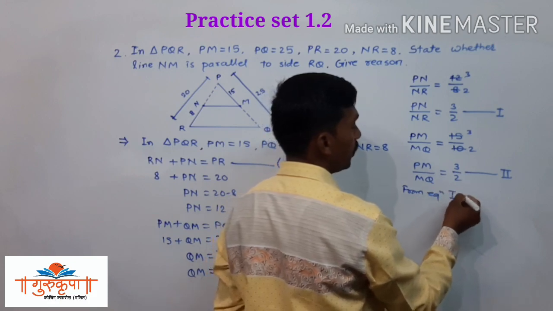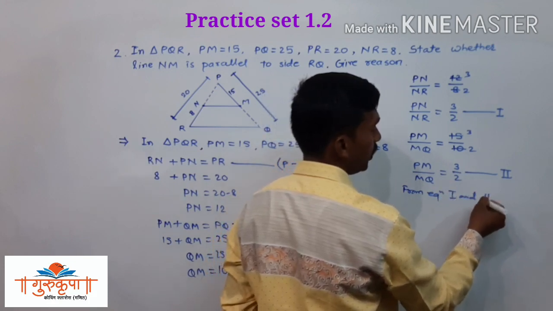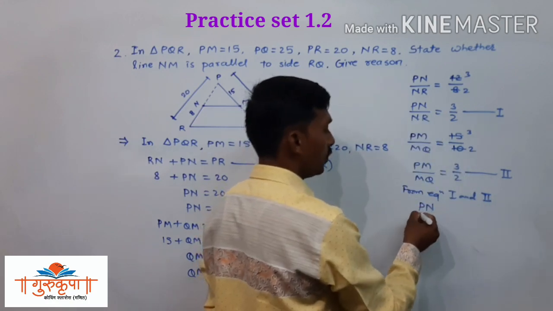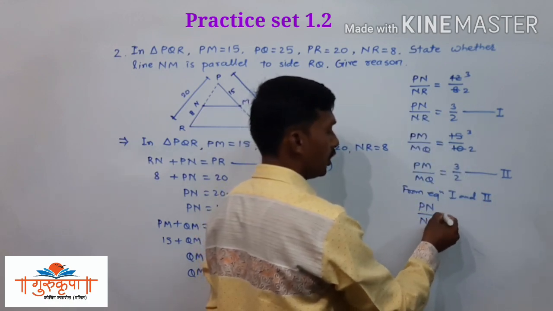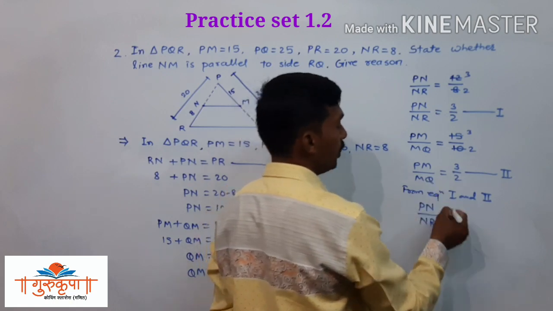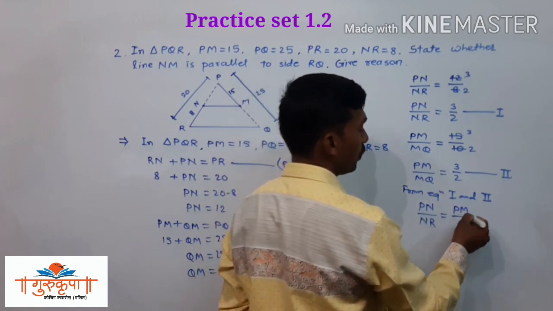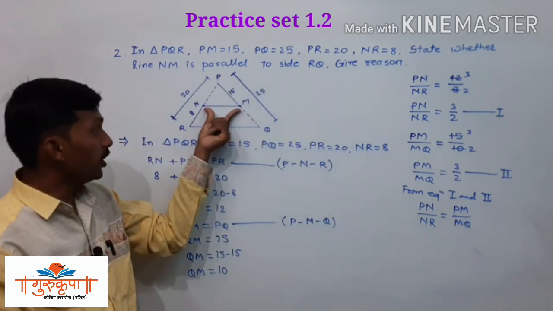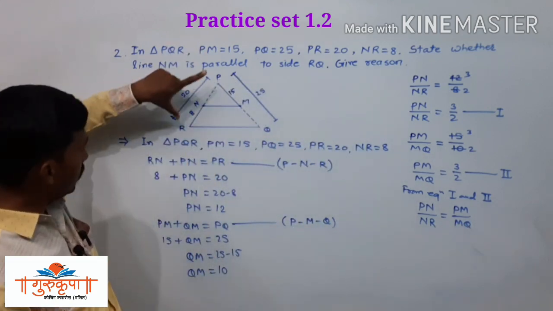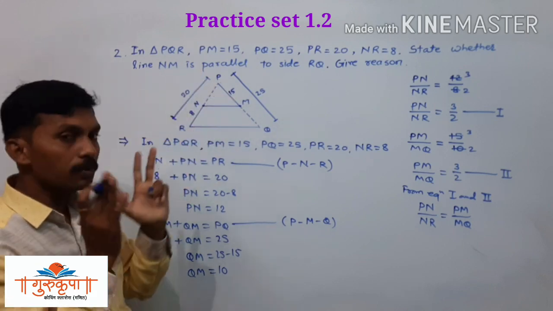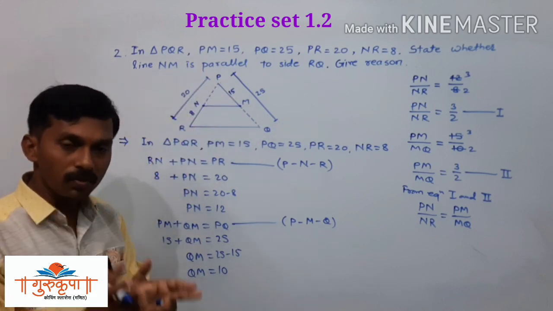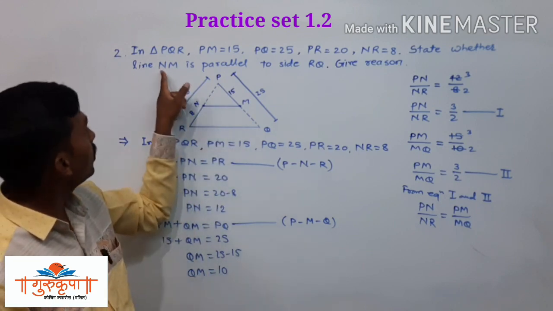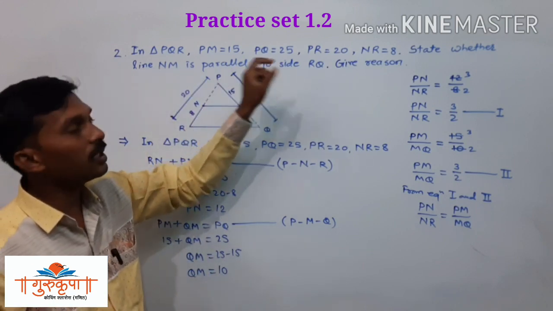From equations 1 and 2 we find that PN upon NR is equal to PM upon MQ. It means that this line NM divides the two sides PR and PQ proportionally. So by using the converse of the basic proportionality theorem, we are able to say that NM is parallel to the side RQ.